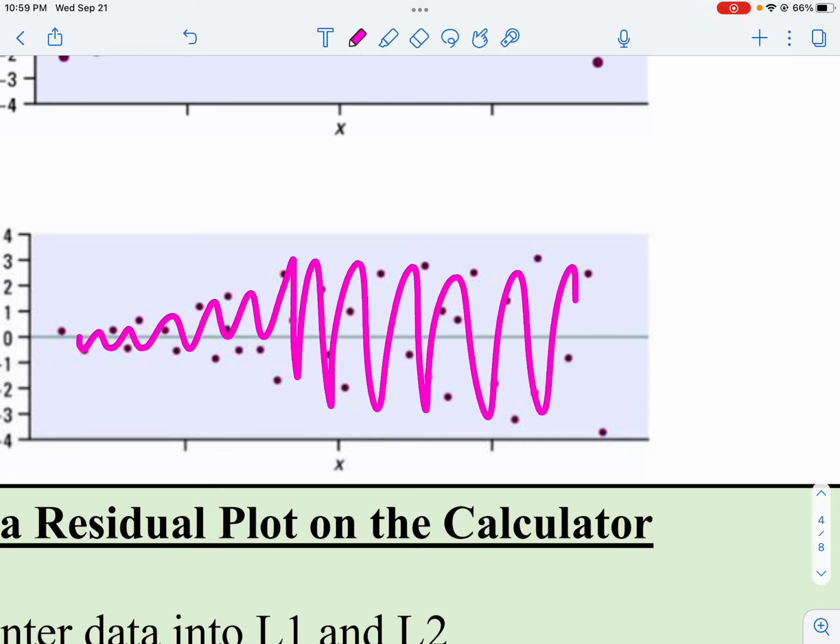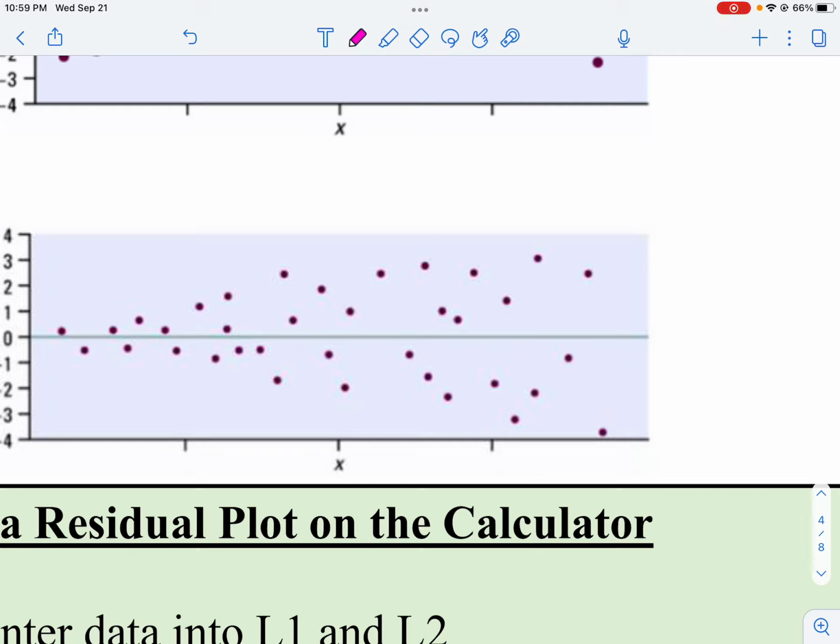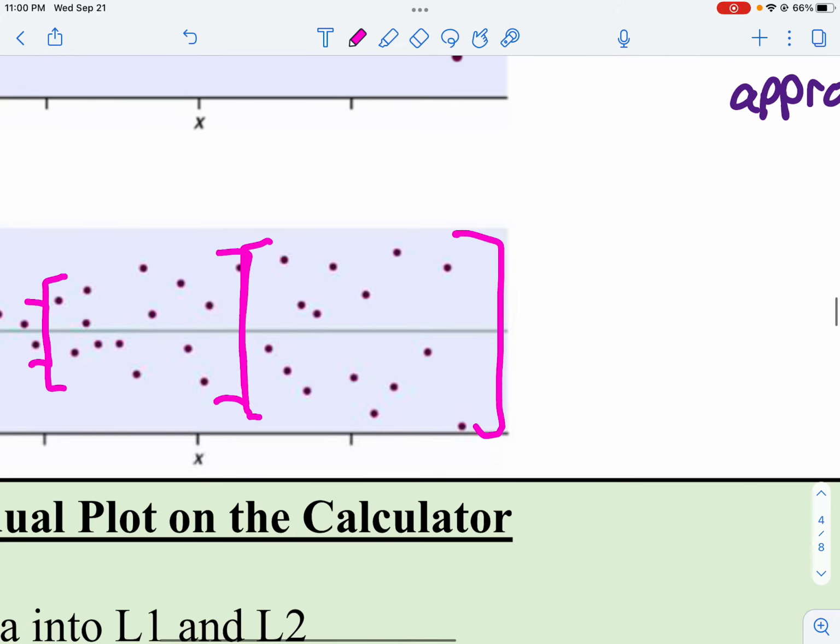We have points both above and below throughout. Okay, but what we see is that early on in the process, the residuals are small. And as x gets larger, the residuals start to increase even more. Okay? So although it's not a curved pattern, there's still a pattern taking place here.